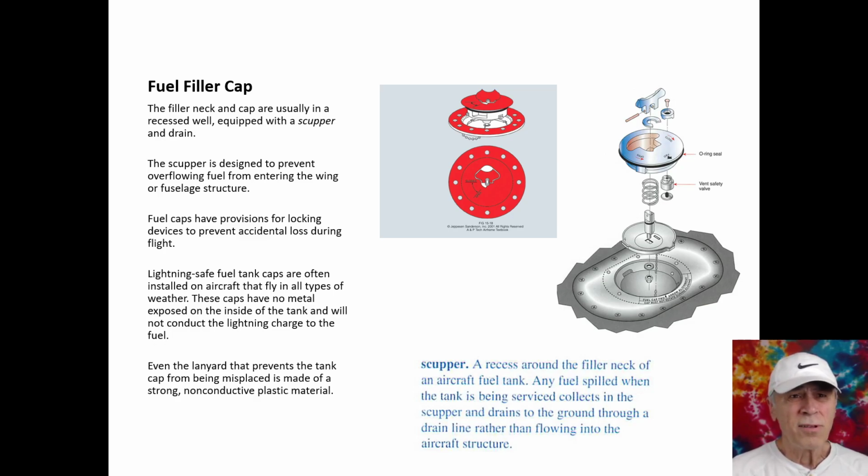The last thing you want is your fuel cap to come off during flight and fuel start draining out. So they lock pretty good, actually. As you can see, you rotate it and then the little part that you're turning recesses back into the top.